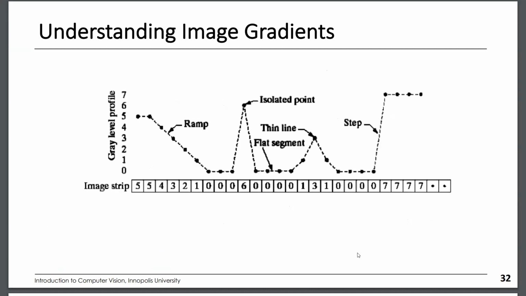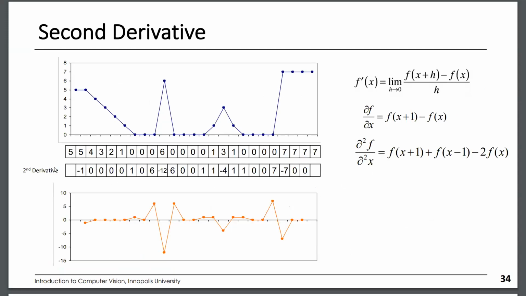This is the best formula, and after we calculate it, we get this kind of function. Remember, our function is just an array, and whenever we have a zero crossing, we have a good indicator that there was a significant change in pixel intensity. For example, here from 7 to -7, we definitely crossed 0 one time, so this means there was a significant change in intensities.